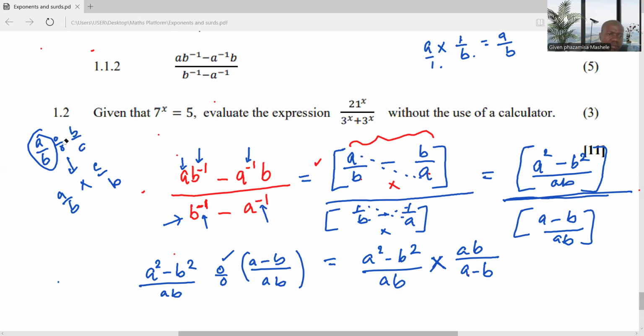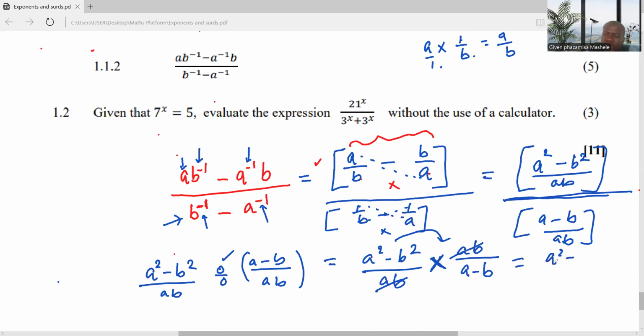Or if you are not dividing, we can multiply the numerators together, and we also multiply the denominators together. But because there's multiplication here, this and this can divide. So we're going to remain with, at the numerator, a squared minus b squared, and this side we're going to remain with a minus b.